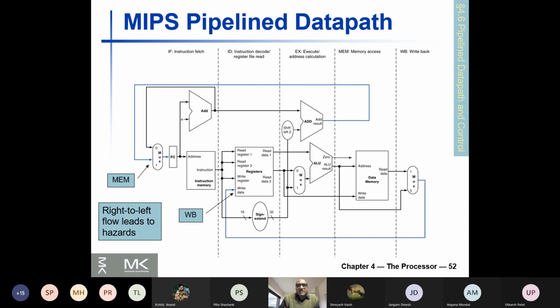That creates issues in following the pipeline principle. Similarly, in case of conditional jump or branch instructions, the instruction to be fetched depends upon the branch result, and that also creates problems in the smooth running of the pipeline.